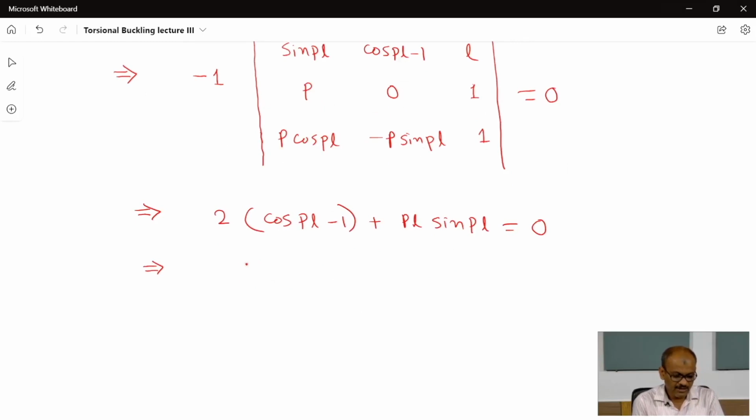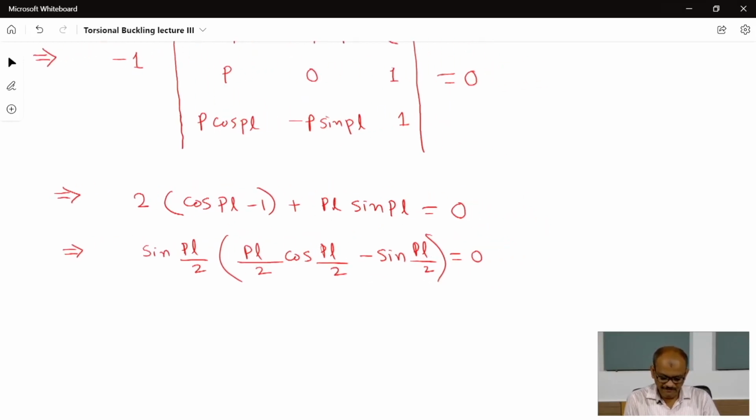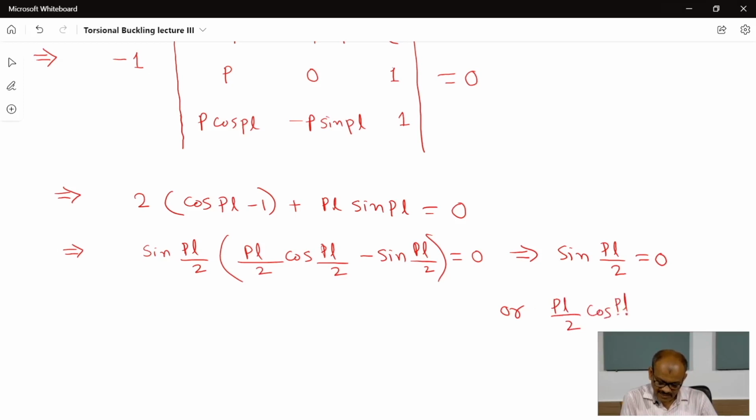This implies, if we write sin pL by 2, then it becomes pL by 2 cos pL by 2 minus sin pL by 2 is equal to 0. This implies sin pL by 2 is equal to 0, or pL by 2 cos pL by 2 minus sin pL by 2 is equal to 0.